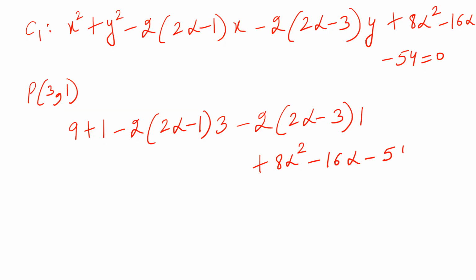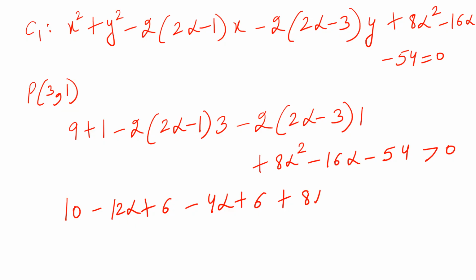And as per the concept, this quantity must be greater than 0. Now let's do the calculations. It becomes 10 minus 12 alpha plus 6 minus 4 alpha plus 6 plus 8 alpha square minus 16 alpha minus 54 greater than 0.